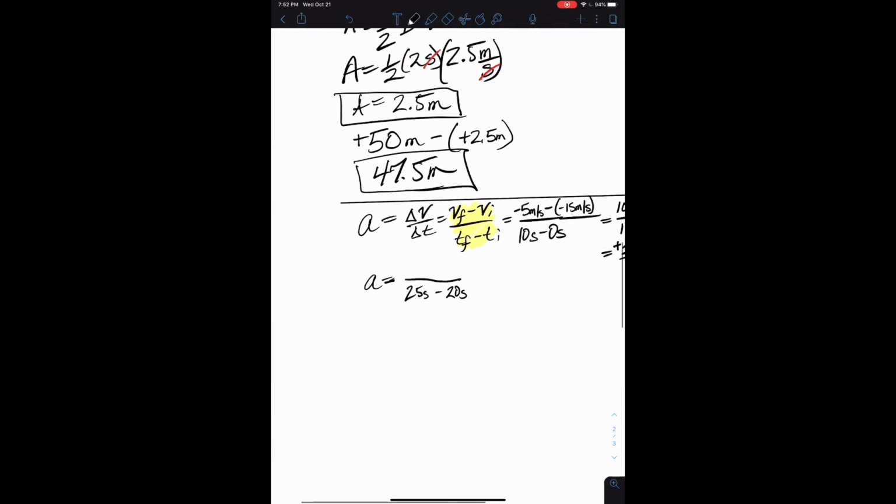Once again, we should be getting something positive here, because it's up and right. So we get something like that, which is going to be +5. It's minus a negative. And then on bottom, 5 seconds. So this is going to be 1 again.